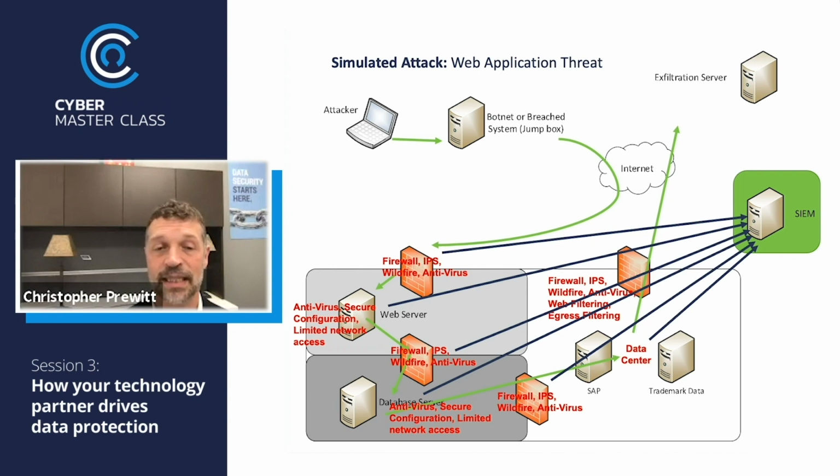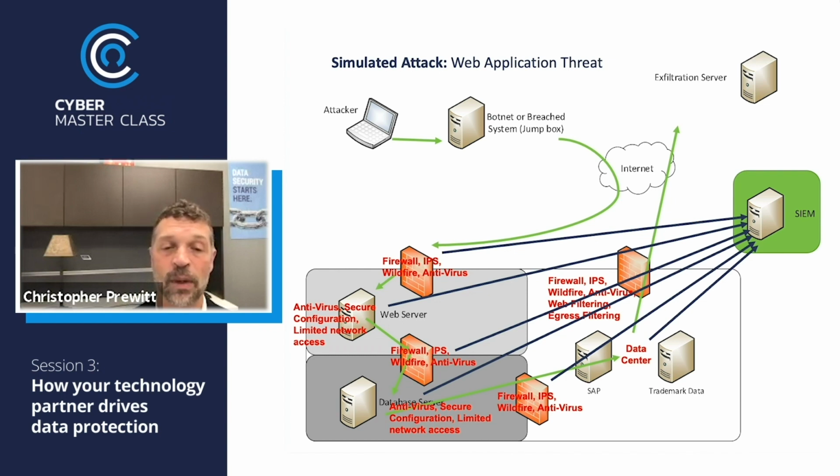The web server takes this, and antivirus is pretty ineffective when it comes to web server attacks. Secure configuration and limiting this web server's access to other systems is critical. So if the web server is breached, it's contained in this secure little network and can't break into other things. But say the web server is broken into, and that web server has a database server inside the data center.